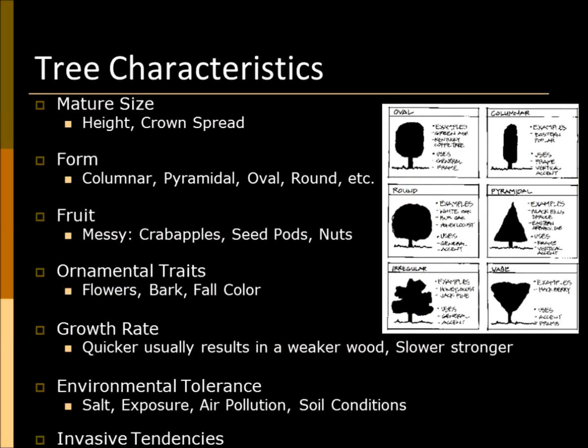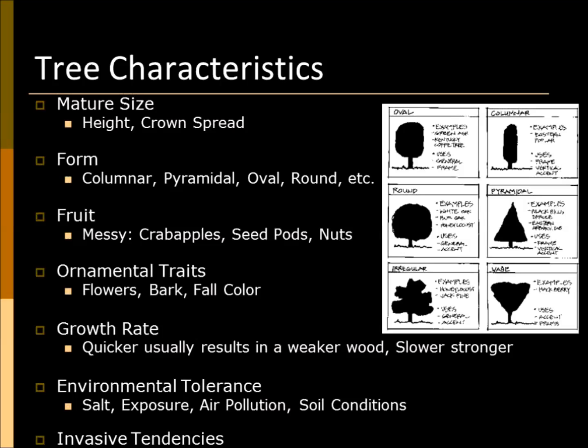So I did mention this in the last slide, is the characteristics of your tree, knowing their shapes, and then using that to place them into your streetscape is really important. Mature height, size, crown spread, your forms of columnar, pyramidal, oval, round. A real big one is the fruits.